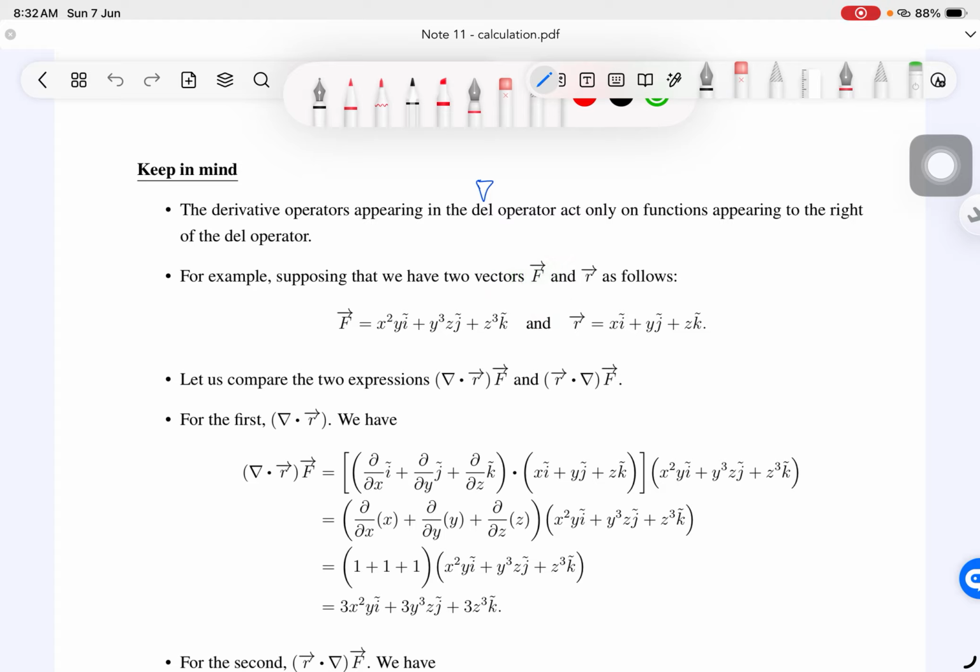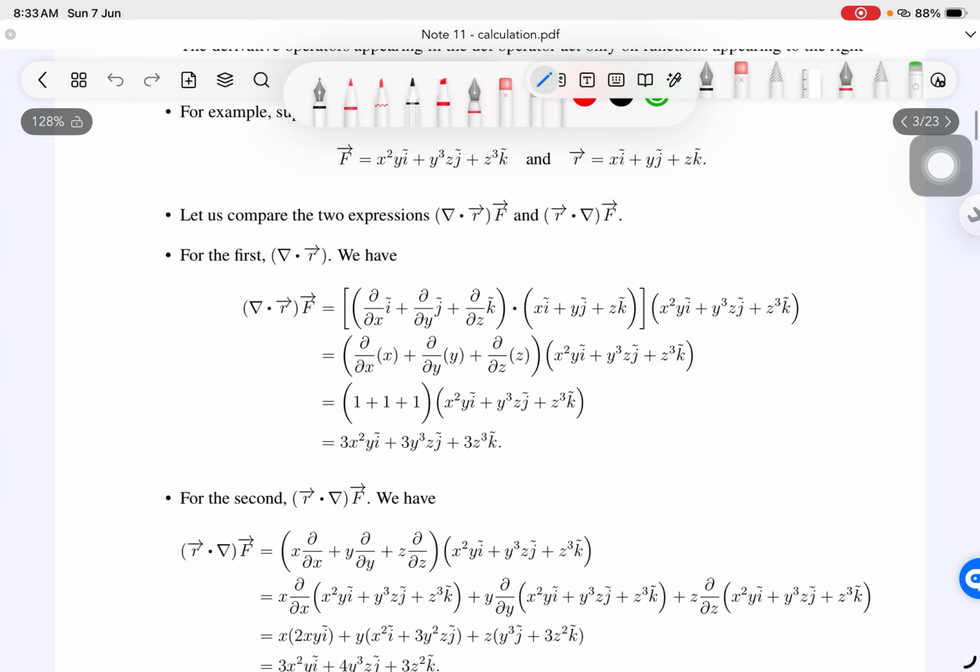We want to compare between these two expressions. The first one is del dot r, multiplied with vector f. The next one is vector r dot del, multiplied with vector f. We're going to see the difference.